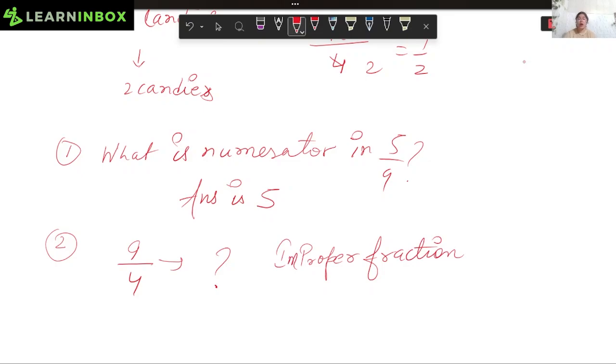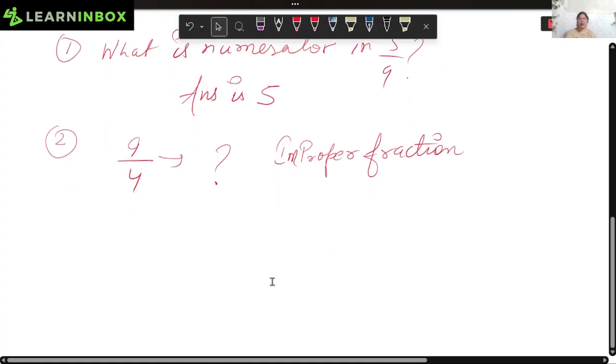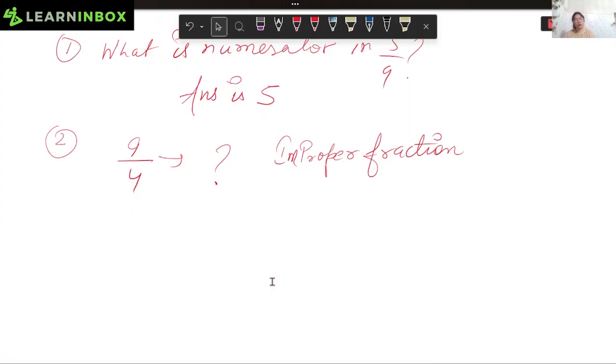And why is it so? Because the numerator is greater than the denominator, so it will be greater than 1. The value after solving this fraction will be greater than 1. So this is an improper fraction. Very good. And if your answer is wrong somewhere, don't worry. Just recap the session and you will learn the part where we discuss the types of fractions.